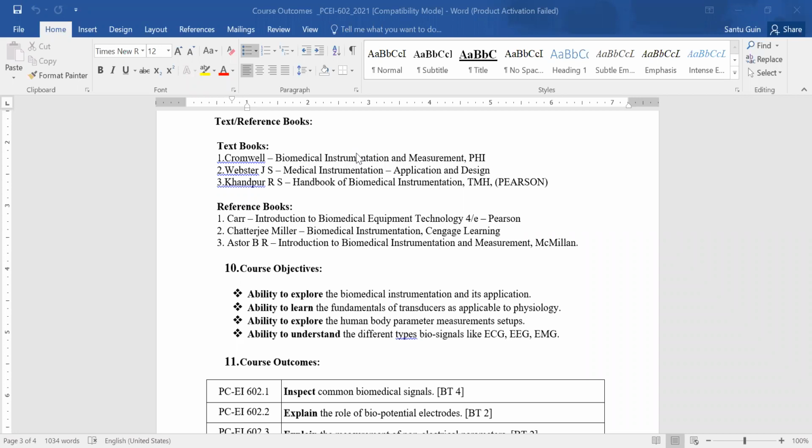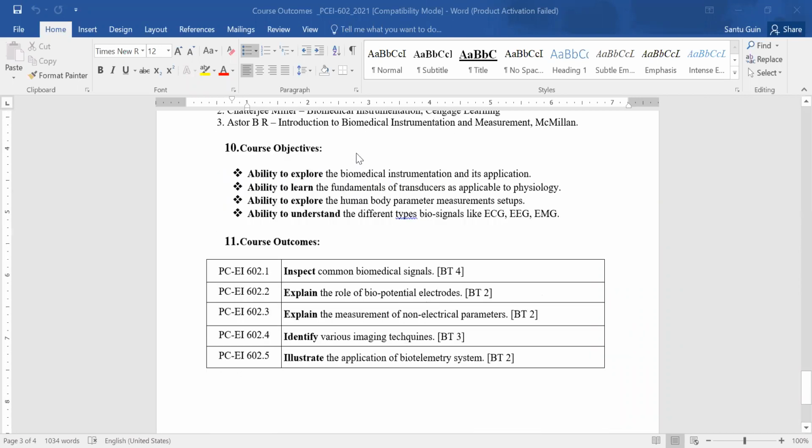You can explore human body parameter measurements using different setups, machines and devices. And you can understand the different types of biosignals like ECG, EEG and EMG signals. I hope all of you have heard about these signals in daily life. You can understand the meaning of these signals, because each signal has a graphical format, and after completing this course you can understand what that signal means.